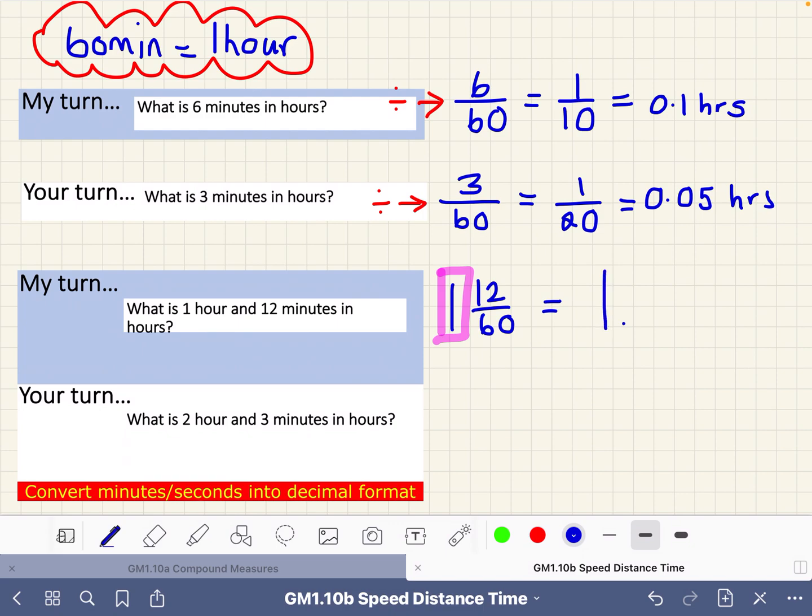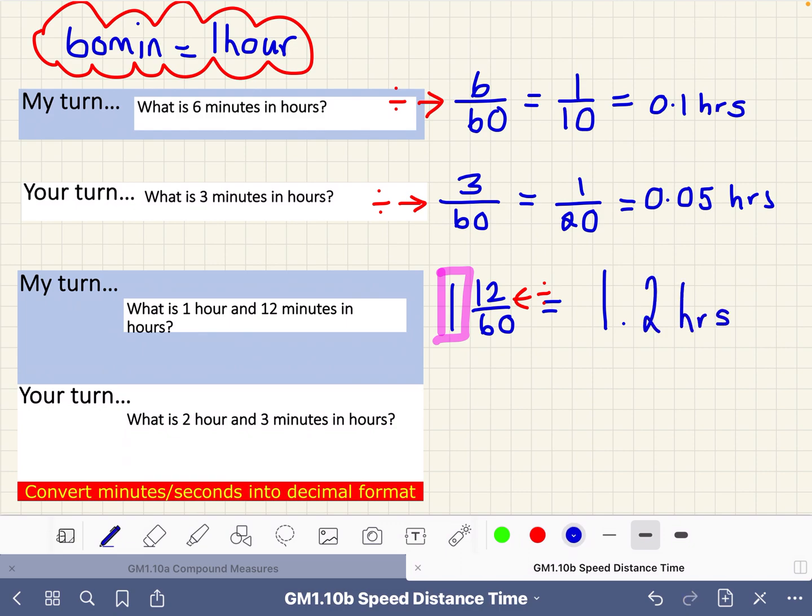So we'd have 1 point something. The 12 divided by 60 would be done in the same way as we would above, and that gives us an answer of 0.2. So altogether, you would have 1.2 hours.